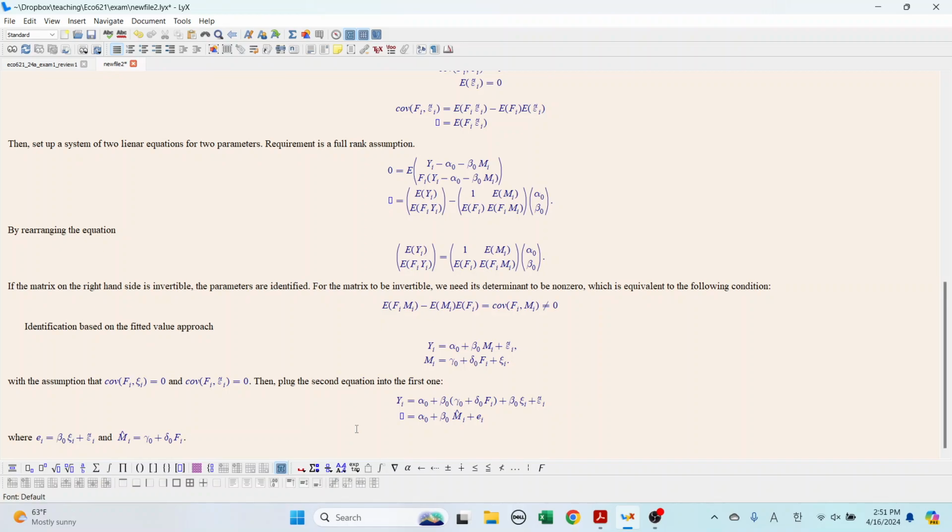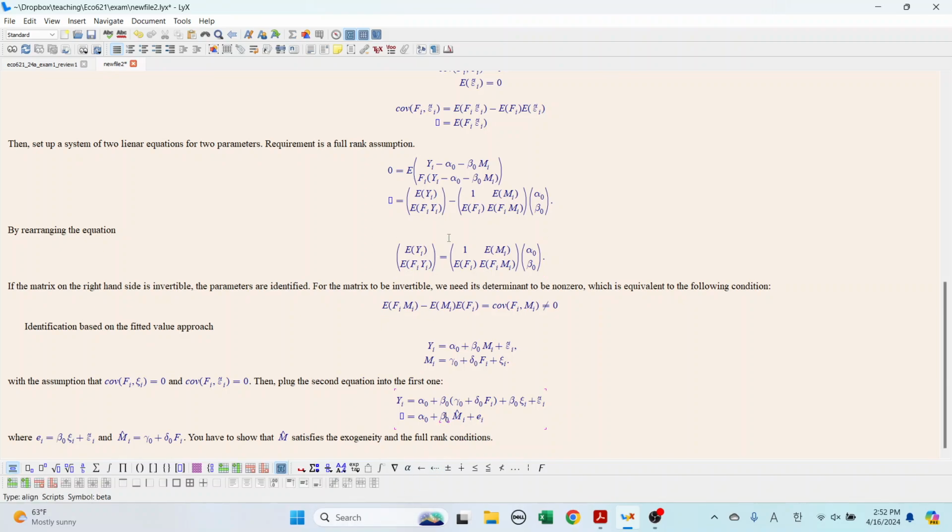And then what you have to show here is that hat M satisfies the exogeneity and the full rank conditions. Then you identify beta 0.